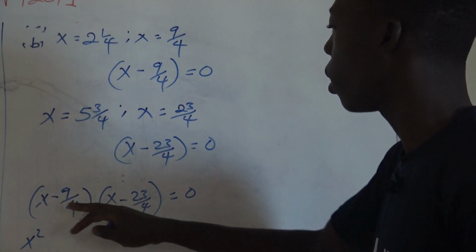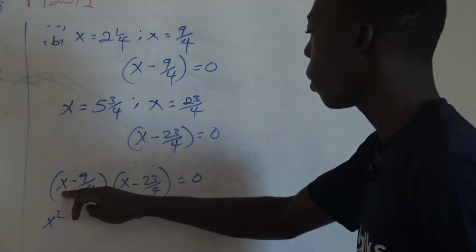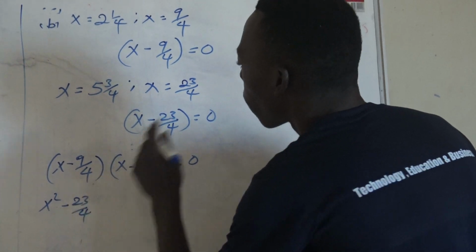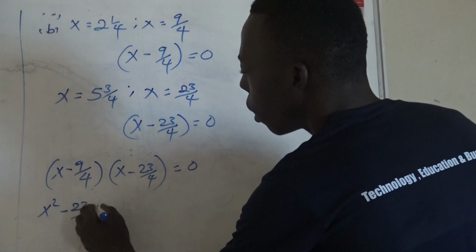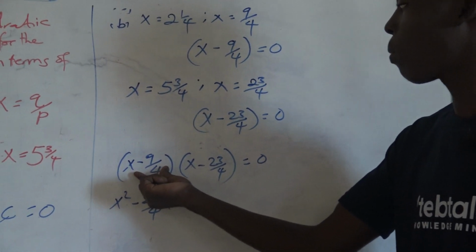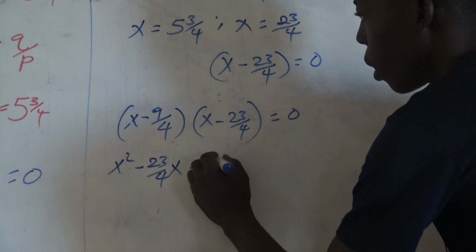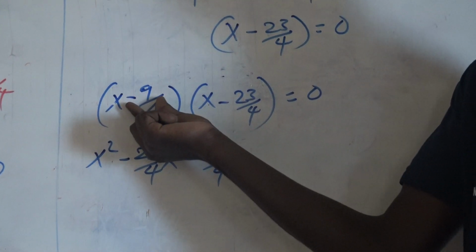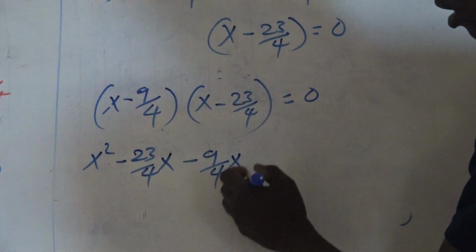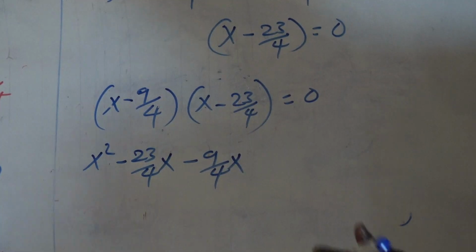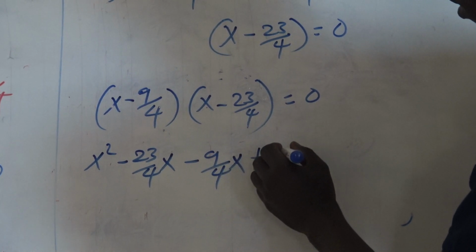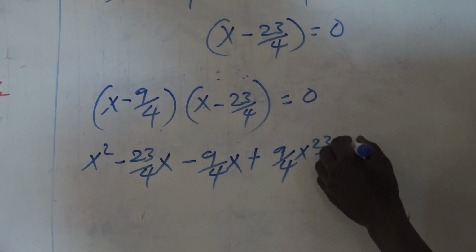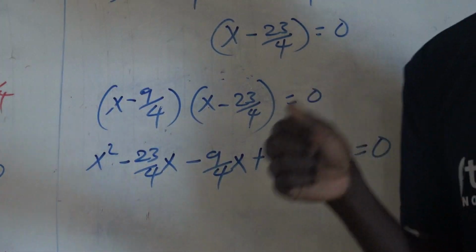Then x times negative 23 out of 4 gives negative 23 out of 4 x. Then negative 9 out of 4 times x. Now this one times this: a negative times a negative is a positive, so it will be plus 9 out of 4 times 23 out of 4, which must give us 0. So that's how we do it.